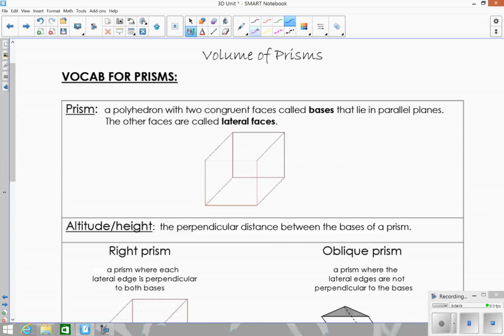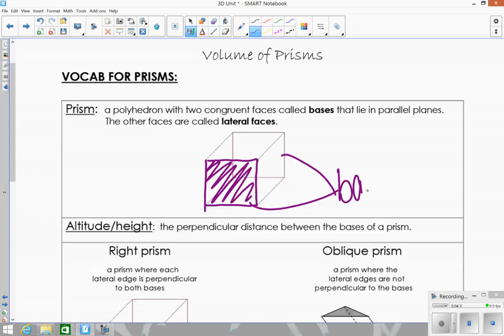Since they're all rectangles, if I call the bases, let's say, the front and the back, those would be my two congruent faces. So I'm going to call this and the back the bases. And then the lateral faces are those sides that connect to the bases. So these would be the lateral faces.